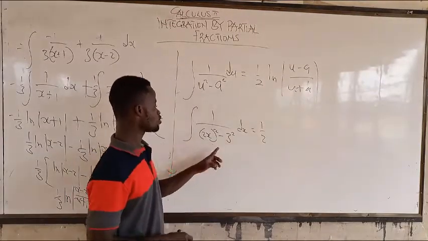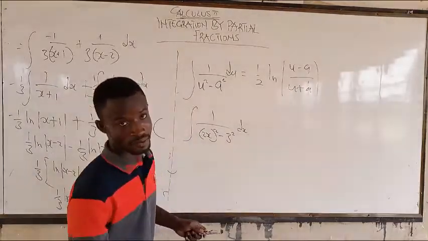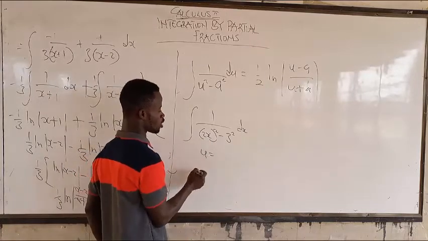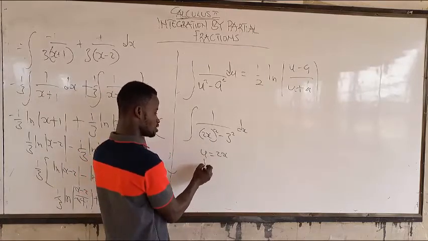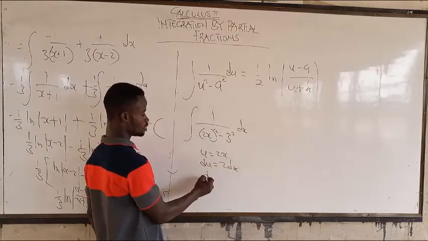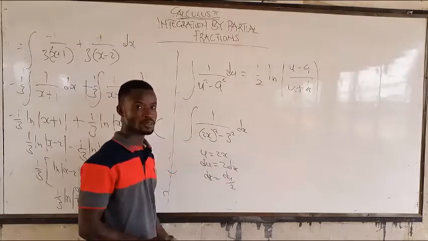Don't forget that here you have to first set this to be equal to u. So if you put u equal to 2s, du will be equal to 2 ds, so ds will be equal to du over 2.